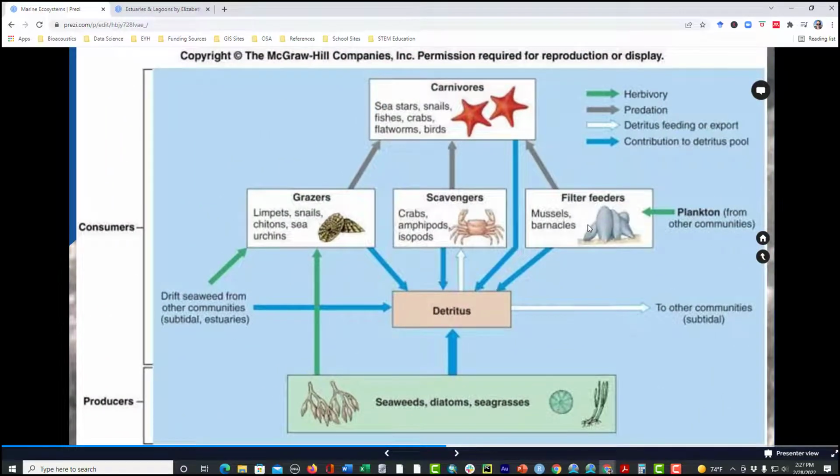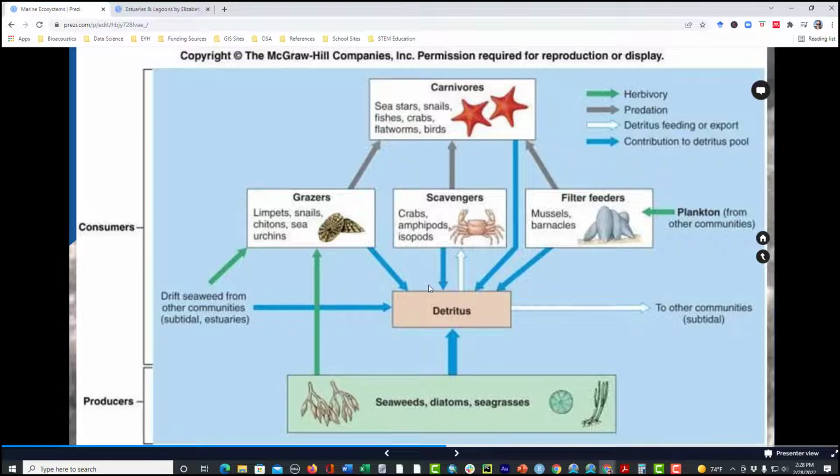So it just gives you an idea here, too, of some of the dynamics of the food web that occurs with these organisms. Seaweed, diatoms, and seagrasses obtain their energy from the sun, so those are our primary producers that are fed on by grazers such as limpets, snails, chitons, and sea urchins. There's also some other seaweed that floats in from other communities, such as the estuaries, that they'll feed on.